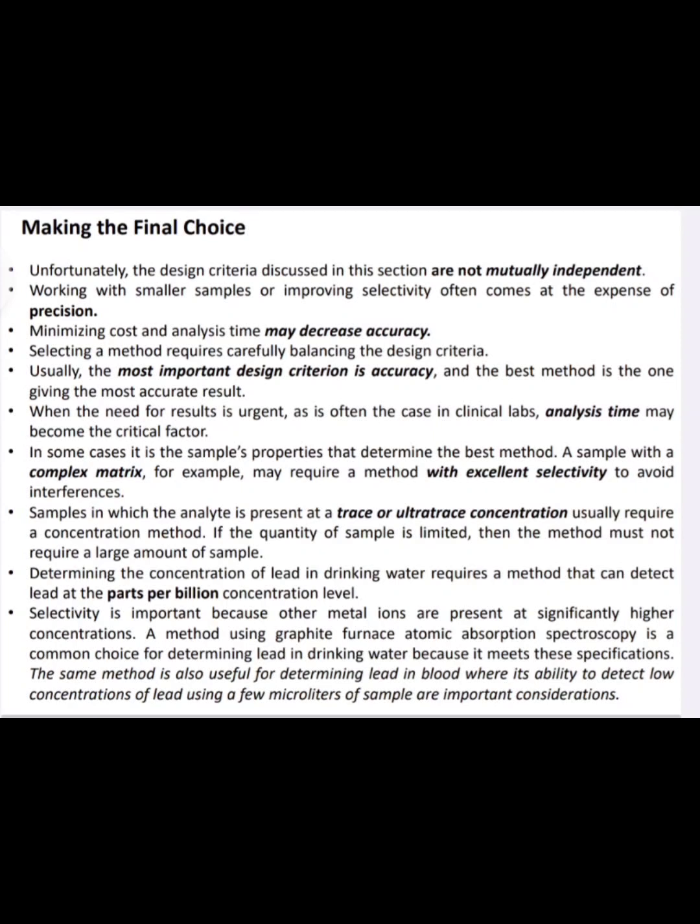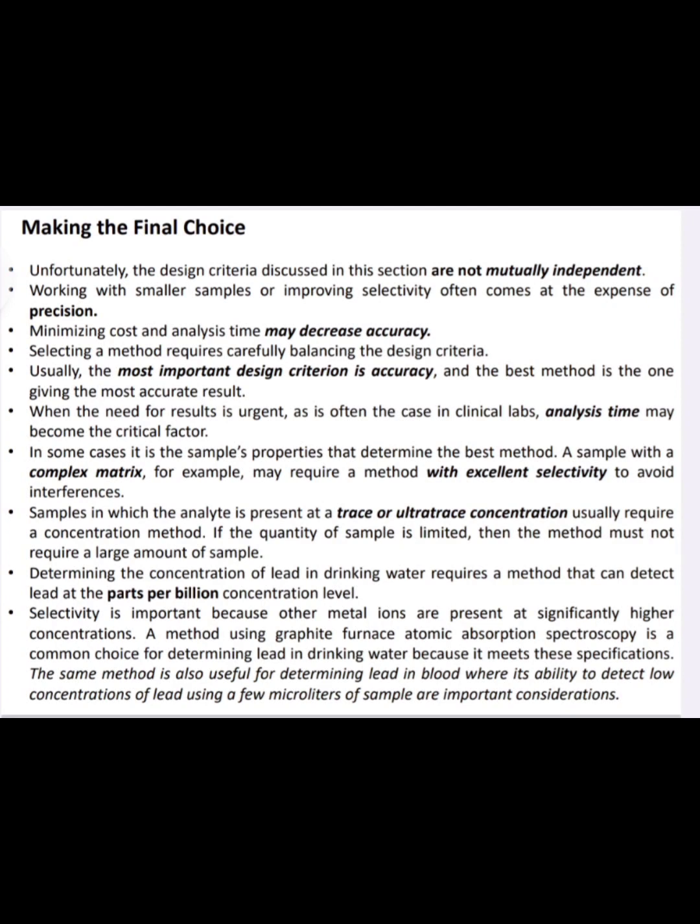Determining the concentration of lead in water requires a method that can detect lead at a parts per billion concentration level. Selectivity is also most important because other metal ions are present at significantly higher concentrations.